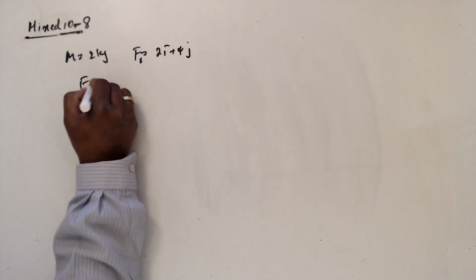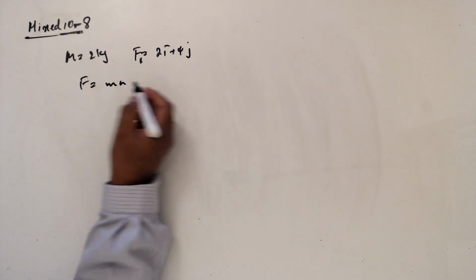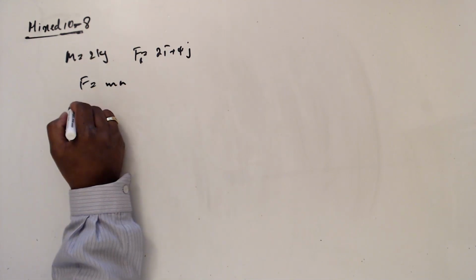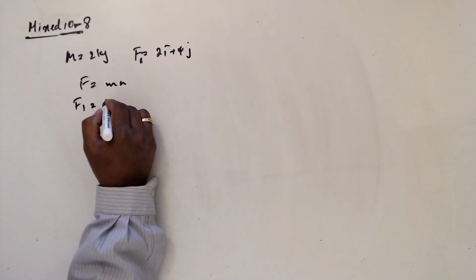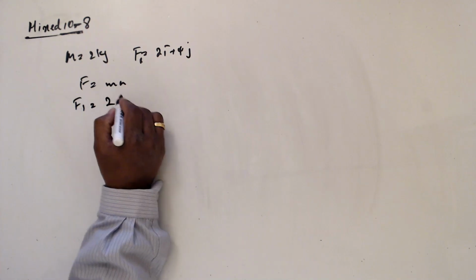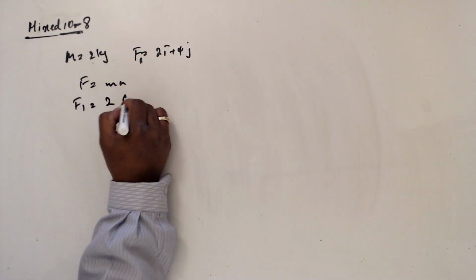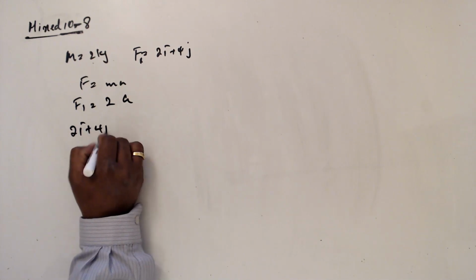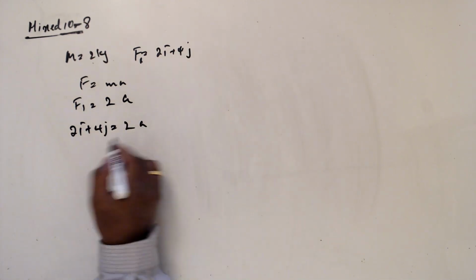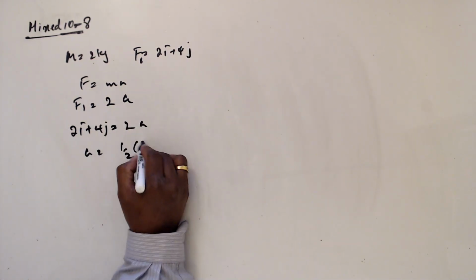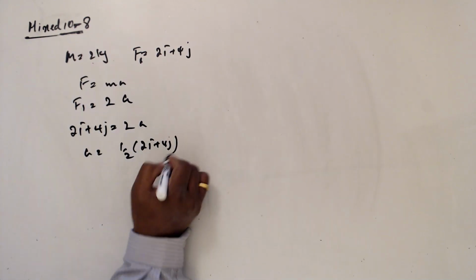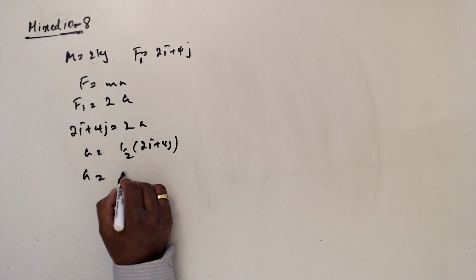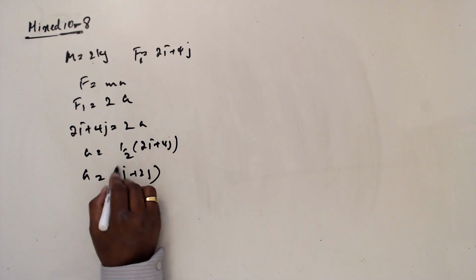So F equals ma. This is F1 equals 2 times a. So F1 is 2i plus 4j equals 2 times a, so a equals half times 2i plus 4j. So a equals i plus 2j.